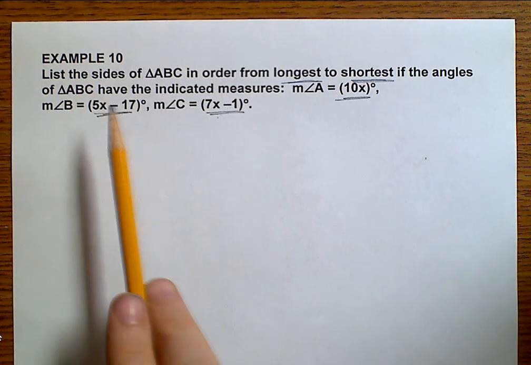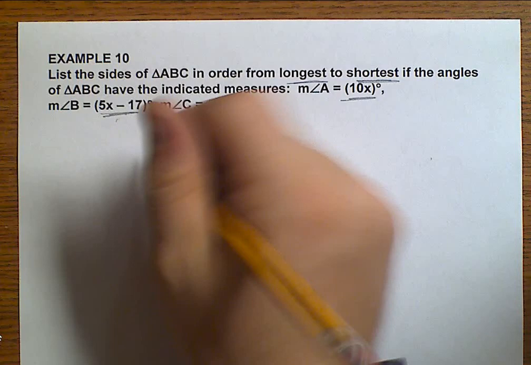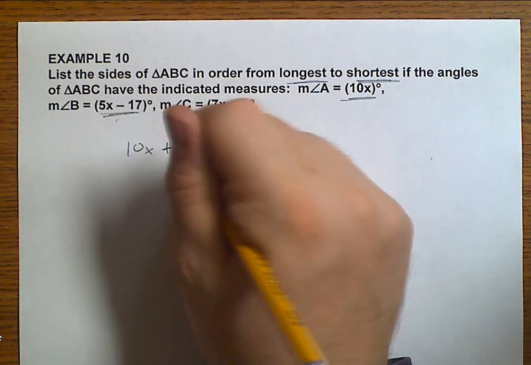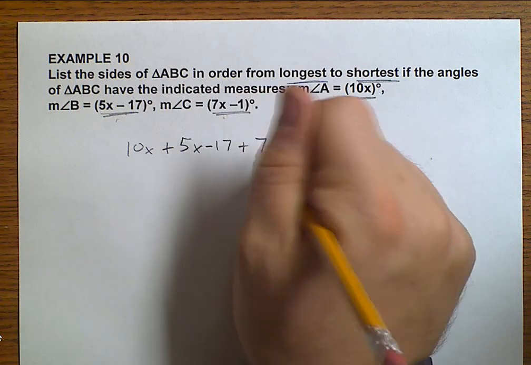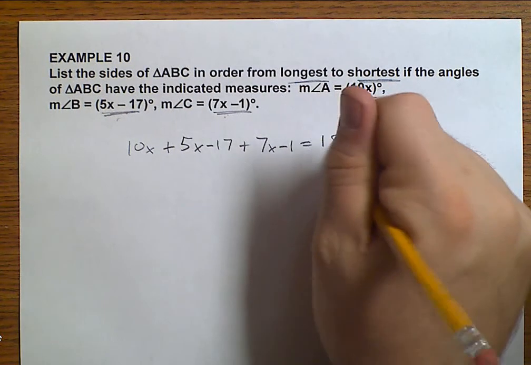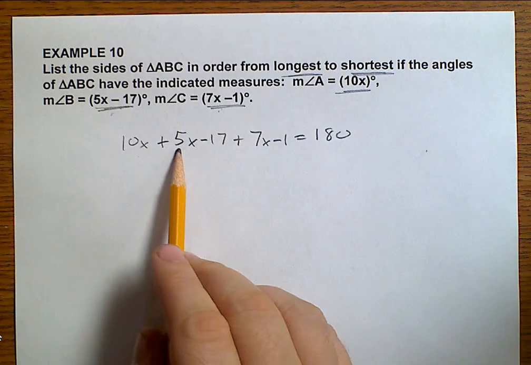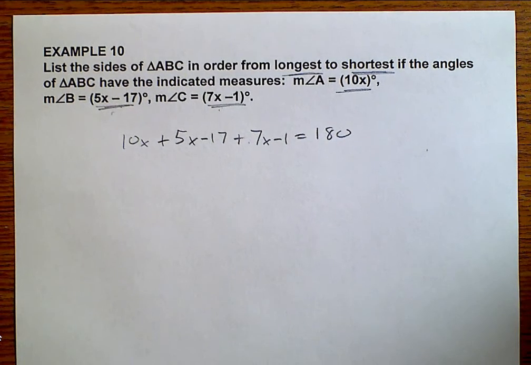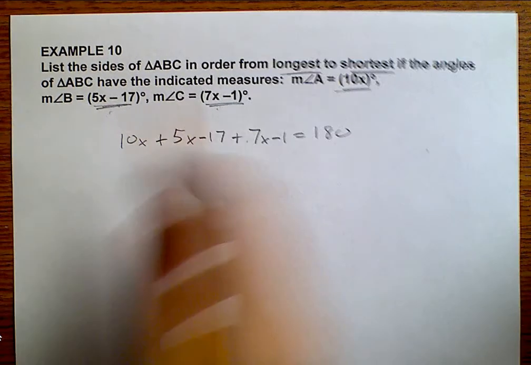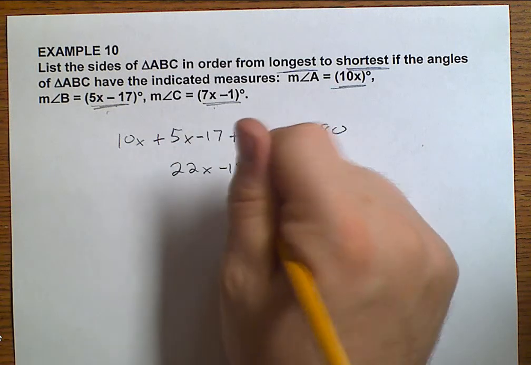Probably this one. Let's go ahead and double check just to make sure. So 10x plus 5x minus 17 plus 7x minus 1, all this has to equal 180. So 10 plus 5 is 15 plus 7 is 22. So I have 22x minus 18 equals 180.